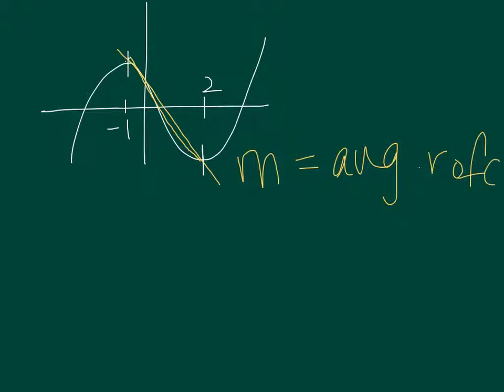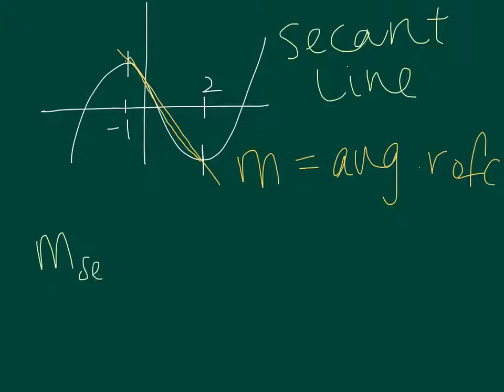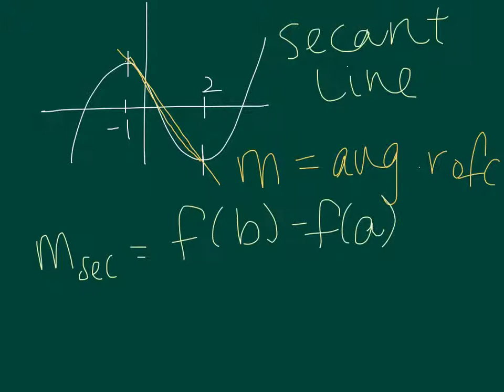I'm just going to write ROC for short, meaning that this line, which is called the secant line, the slope of the secant line equals f of b minus f of a over b minus a. Look familiar? Well, this is the equation for the average rate of change.